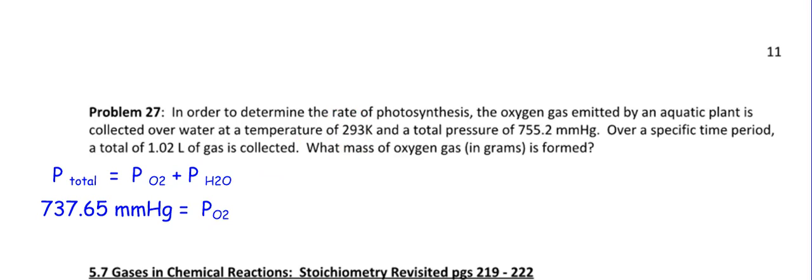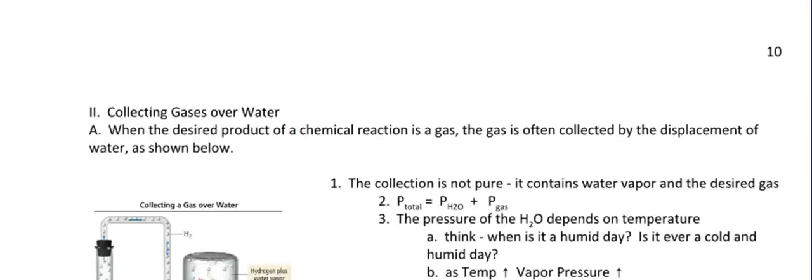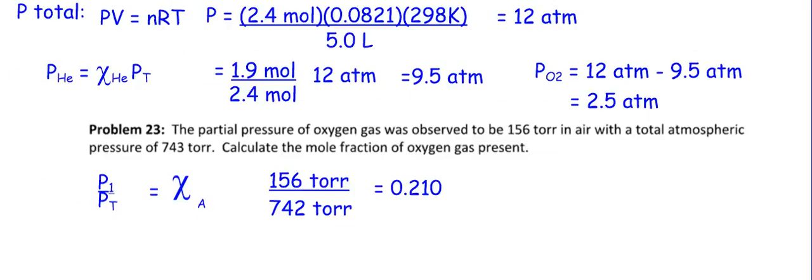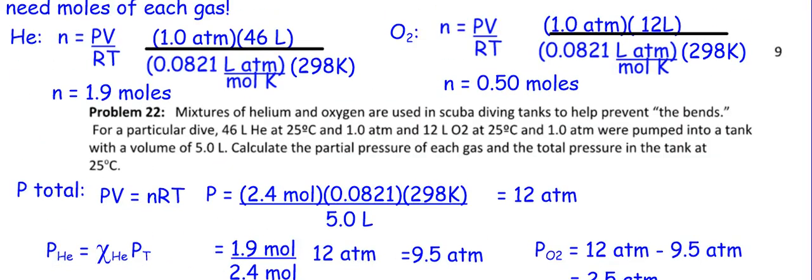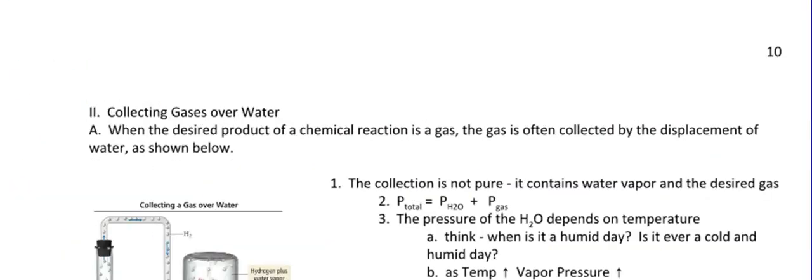Hey, go on the prior page. Whoops, I want 2 prior pages, didn't I? There we go. And scroll down at 20 degrees, what is the partial pressure? 17.55. What's the unit, by the way? Millimeters of mercury.